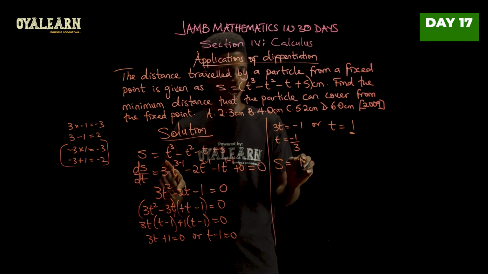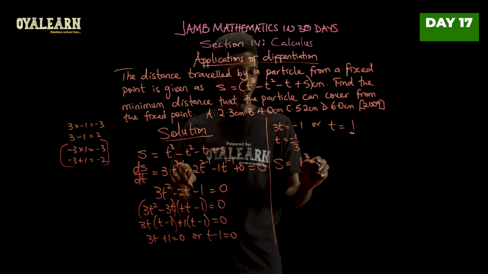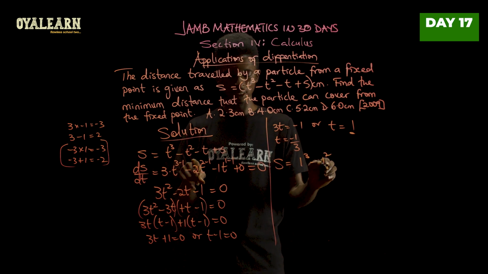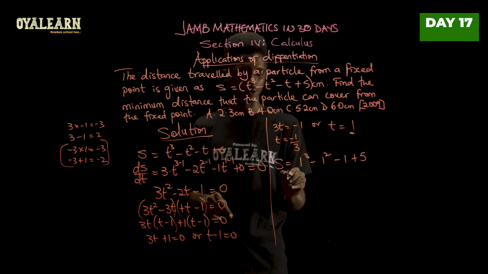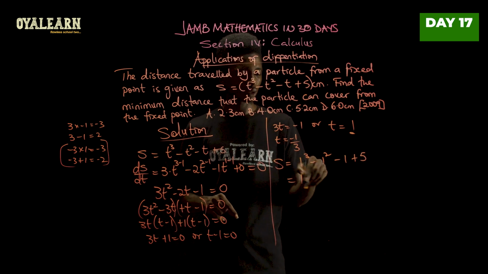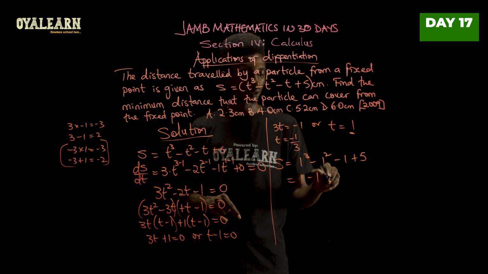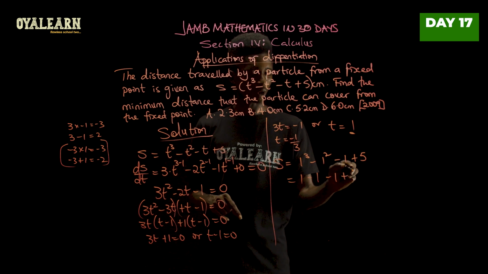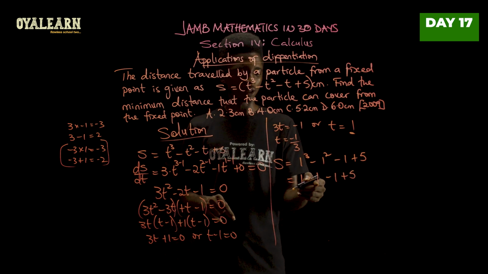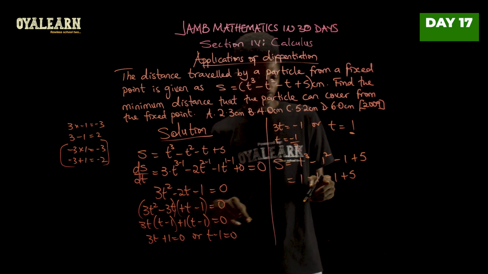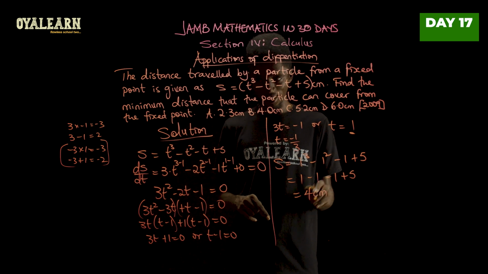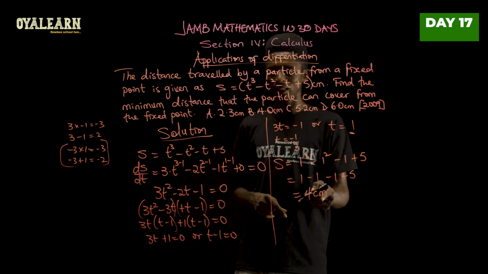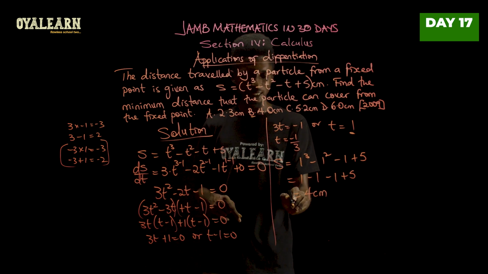So this will be 1 cubed minus 1 squared minus 1 plus 5. Now 1 cubed is 1, 1 squared is 1, minus 1 plus 5. 1 minus 1, that's 0. Then minus 1 plus 5 will give us 4. So we have 4 centimeters in this case. So the correct answer is B.